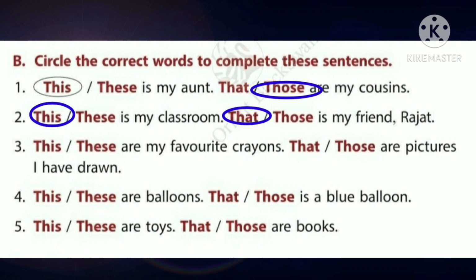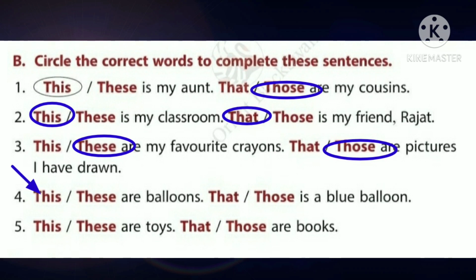So we have to use these. All of you circle these. Then that or those are pictures I have drawn. Pictures. Is it singular or plural? Plural. So the answer, those. Those are pictures I have drawn.